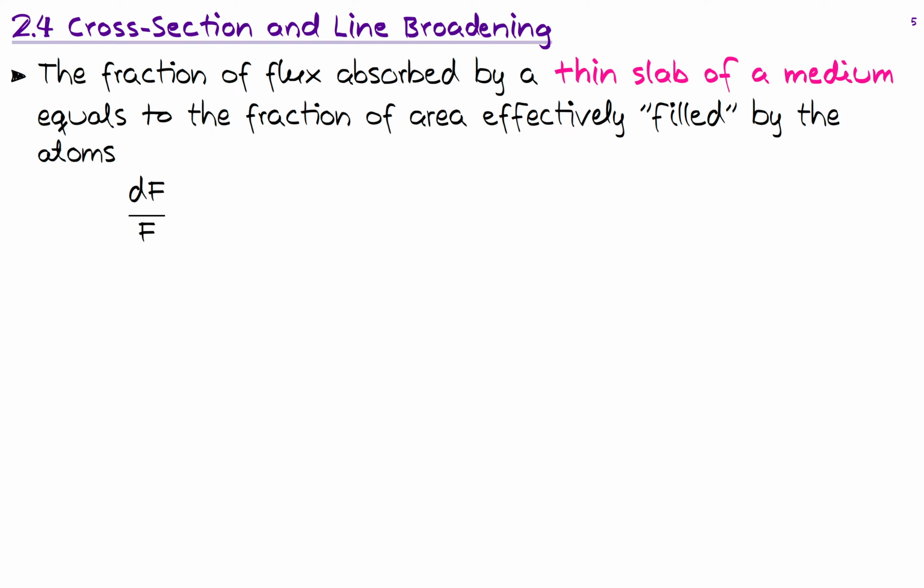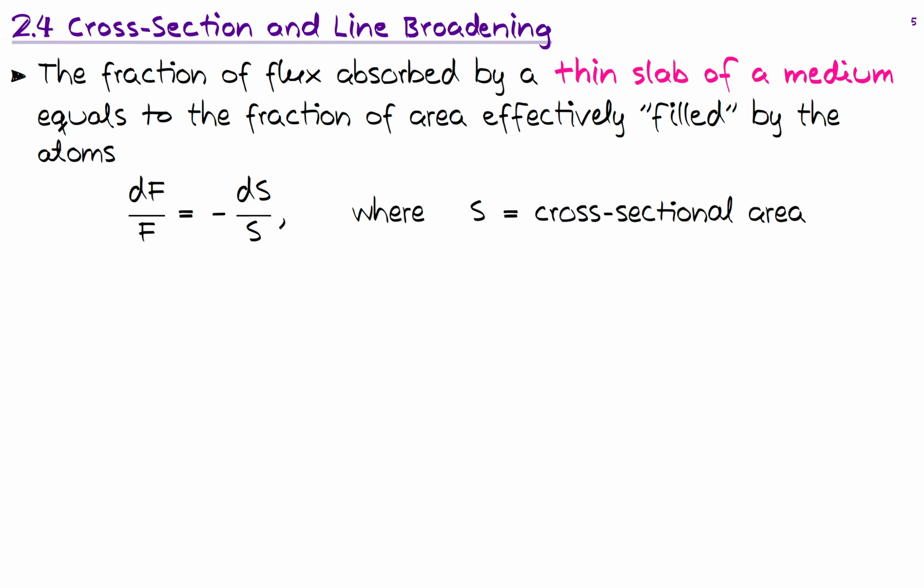Based on these geometrical considerations, we can write this equality so that the fraction of flux, delta F divided by F, equals a fraction of area, ds per S. So how much of the space these emitters are taking out from this thin slab of a medium.